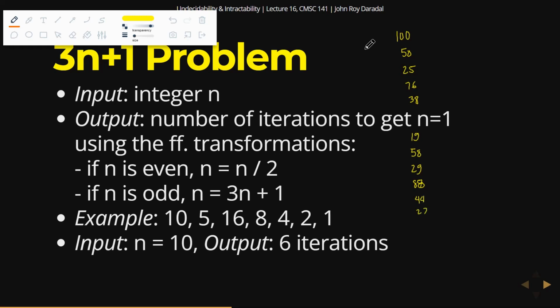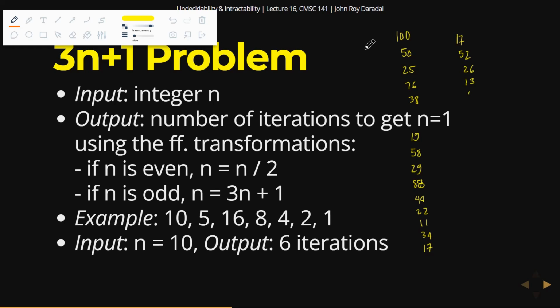88 over 2 is 44, over 2 is 22, over 2 is 11. Then this one is odd, so 33 plus 1, 34. And then 17. From 17, you have 17 times 3 is 51, plus 1, 52. Divide by 2, 26. Divide by 2, 13.